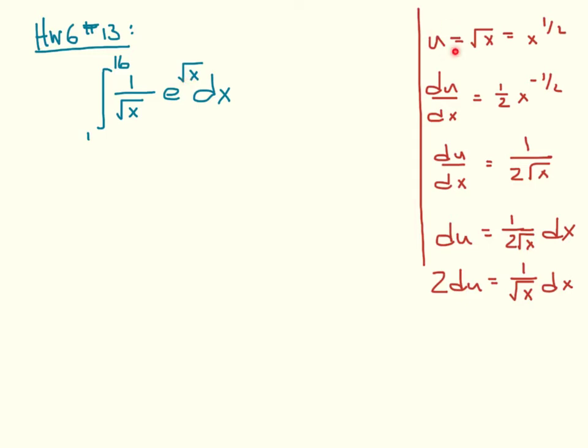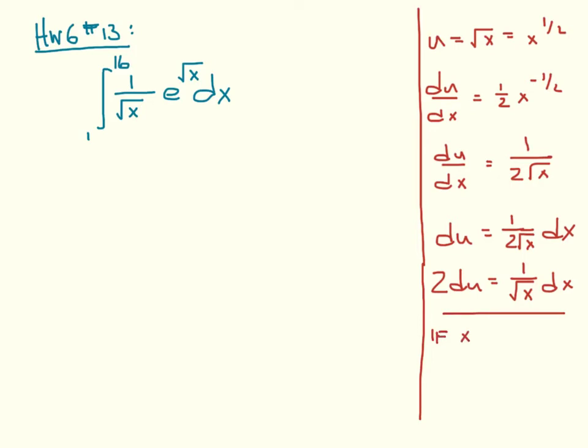And now the question that remains is, what do I do with the 1 and the 16, my upper and lower bounds? And so you have two options. You can either revert back to x once you've taken the antiderivative with u, or you can change the bounds now. I think it's usually less work if we change the bounds now, so we're going to do that.